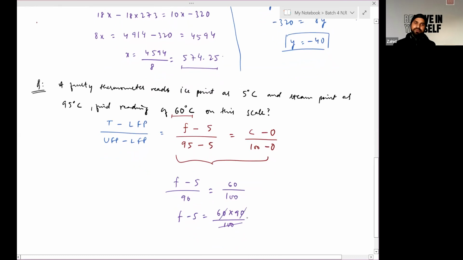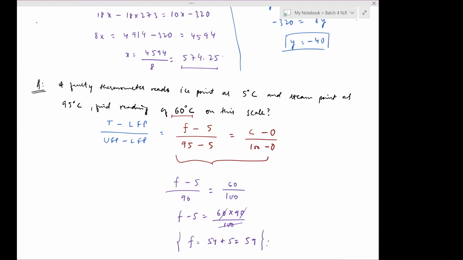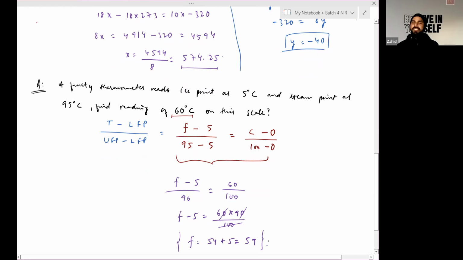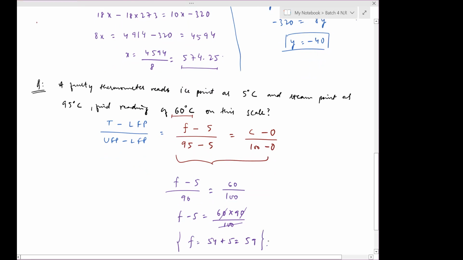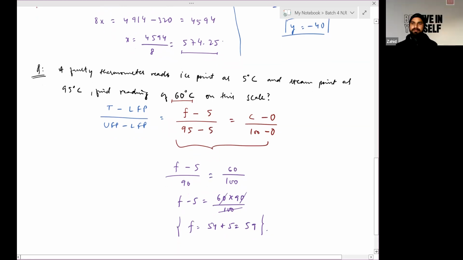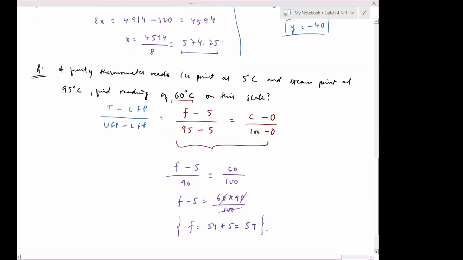This minus 5 will move to the right side, so 54 plus 5 is 59. Gautam, is it clear? Yes, sir. Do you have any doubt till this part, any one of you? No, sir. Nabila? No doubt, sir. Okay.